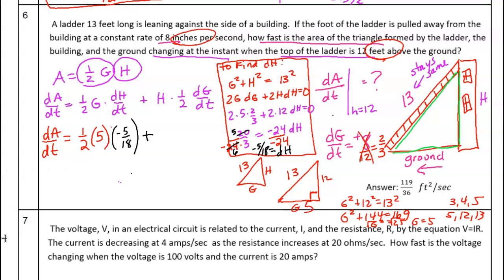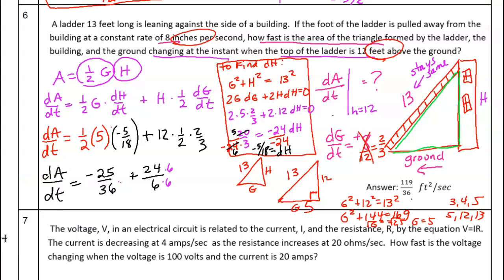Plus h, our height is 12, times 1/2, and then dg was 2/3. So now I was able to find everything, and I just have to clean it up and hope it matches what my answer says. So dA/dt is -25/36 plus 24/6.